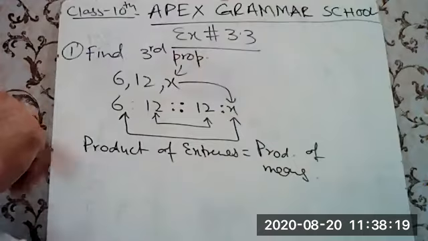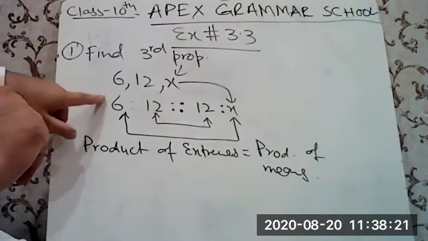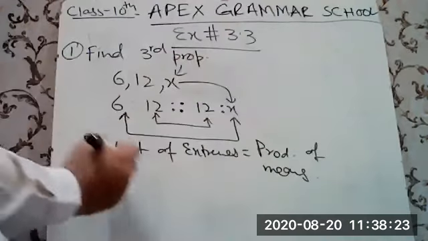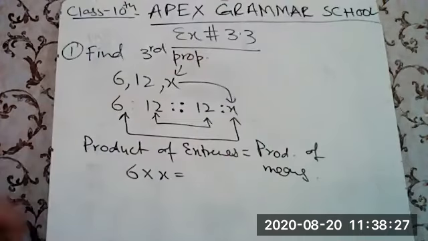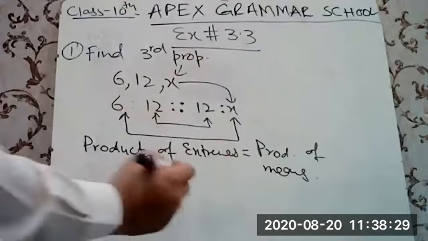So we need to multiply them: 6 multiplied by x is equal to 12 multiplied by 12.